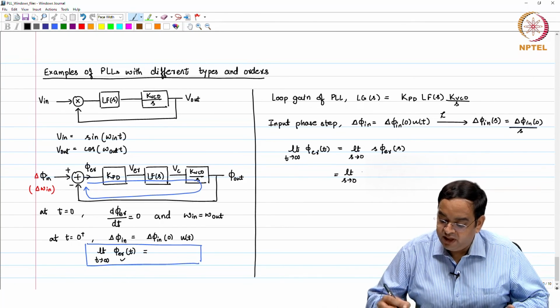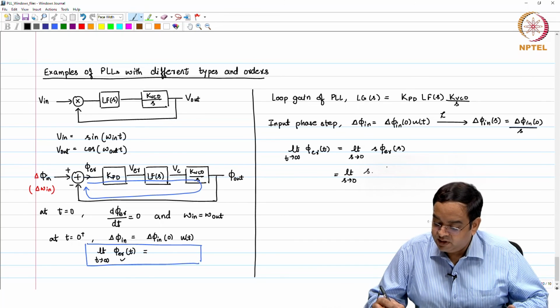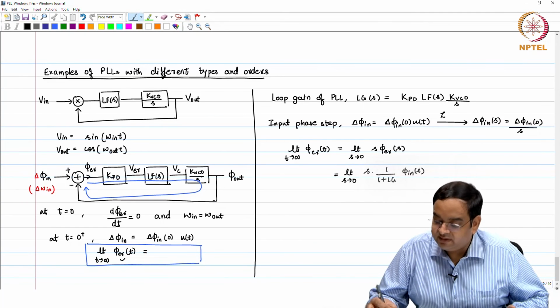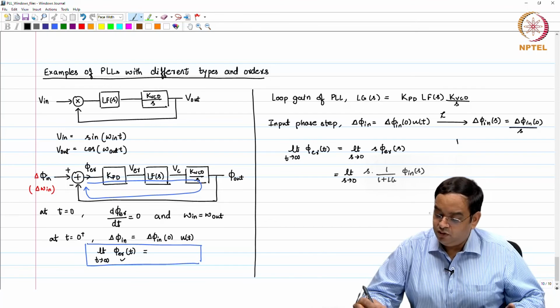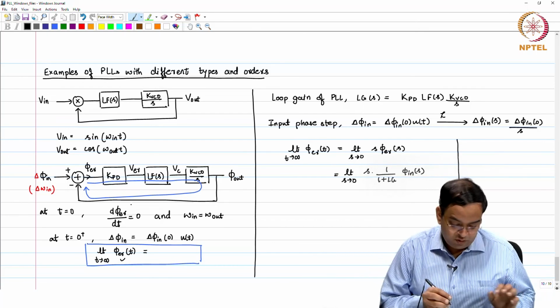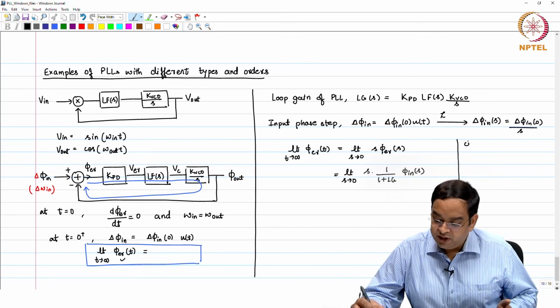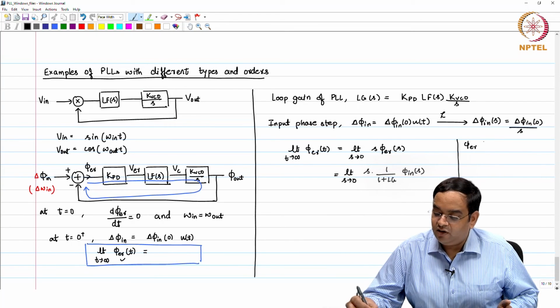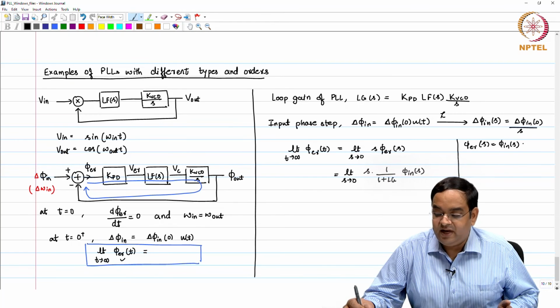This is going to be S times 1 by 1 plus loop gain times phi in of S. How? Well, you know from this particular loop that phase error in the frequency domain, phase error of S, is equal to phase in of S minus phase out of S.